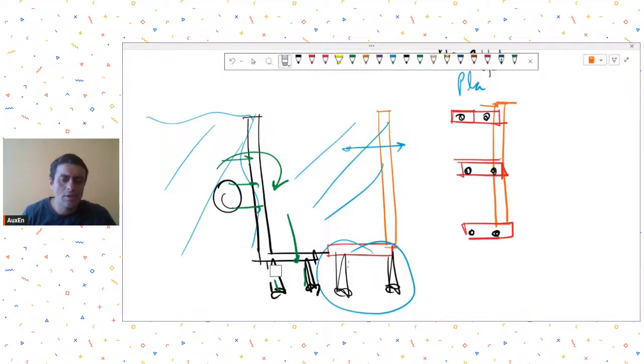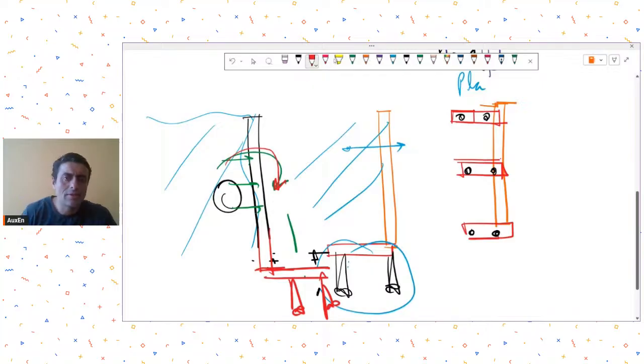There can be another alternative where, just to counterbalance this moment, you deliberately provide piles after some distance like this. So providing like this, what it will do? The axial load over here, the self weight of the wall, will create a resisting moment to the overturning moment of the fill.